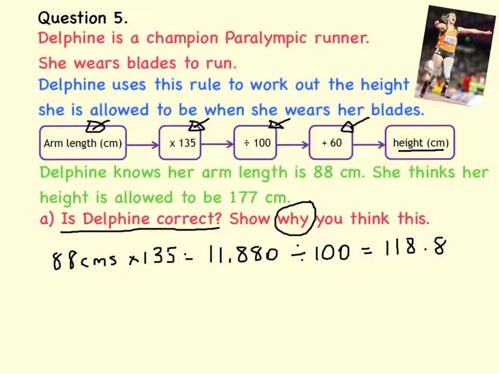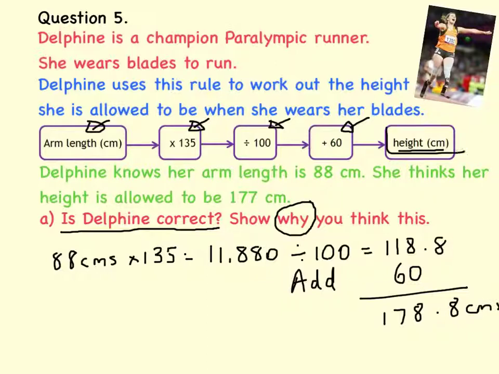Then we have to add 60. And therefore we get a total of 178.8. And it's centimetres because that's the height here that we get in centimetres.